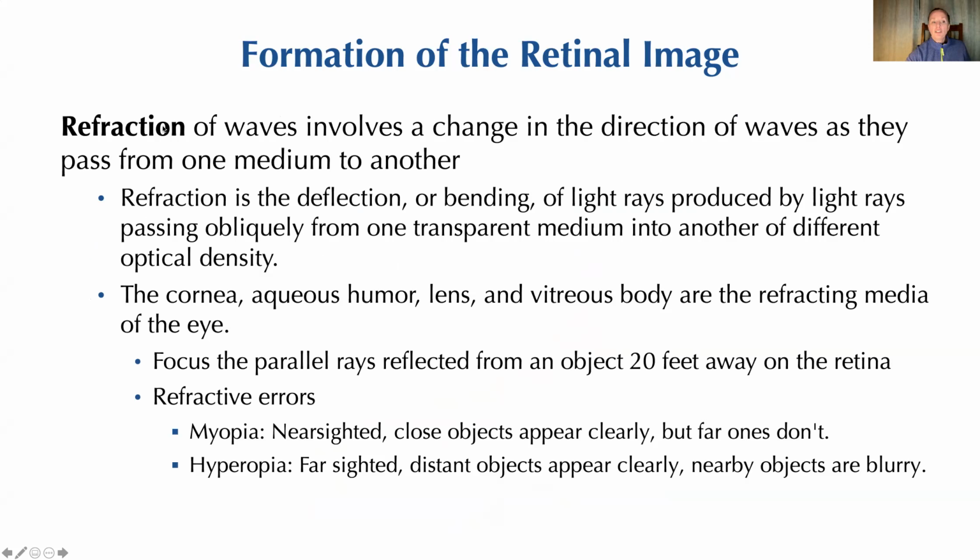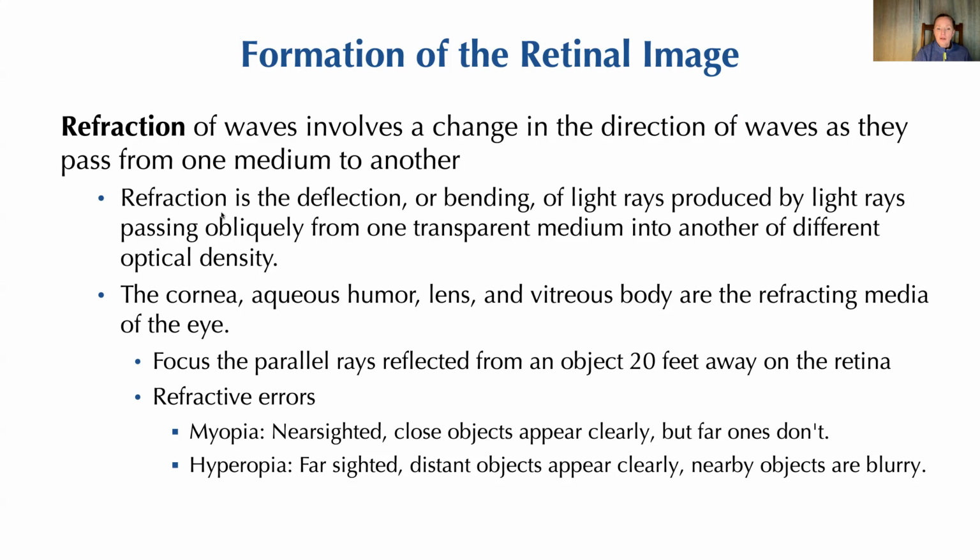Refraction of our light waves involves the light waves changing direction as they pass from one medium, like air, to another, like passing through the tear layer or the cellular layer of the cornea and then later the lens. Refraction is a bending of the light rays.